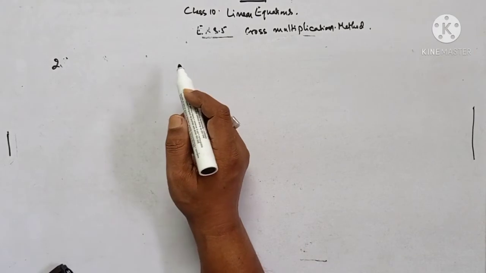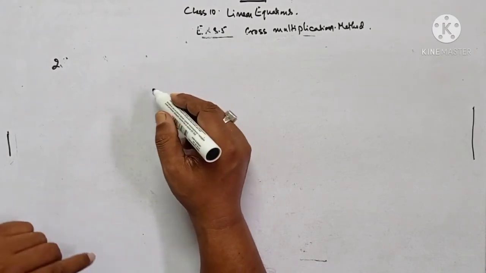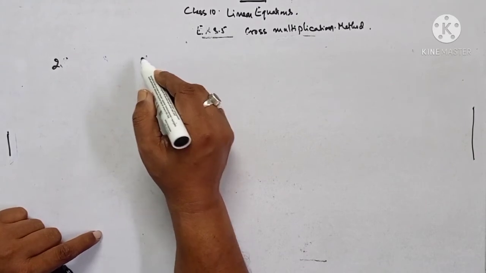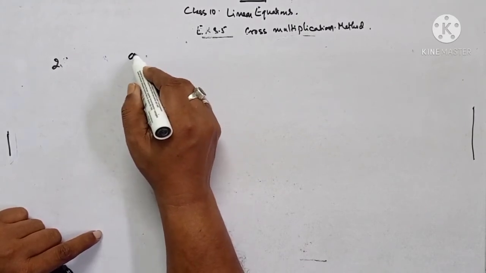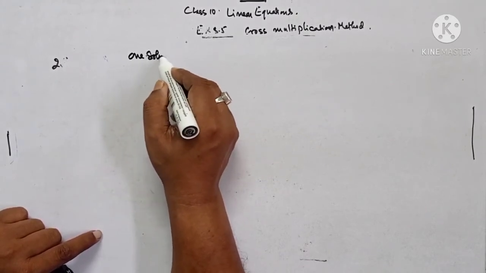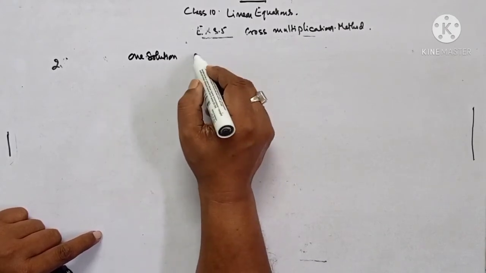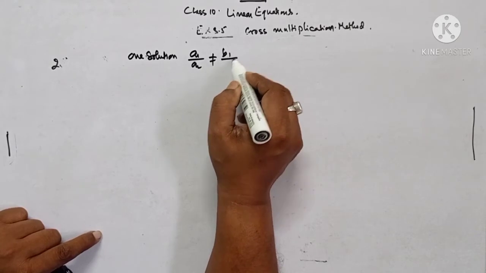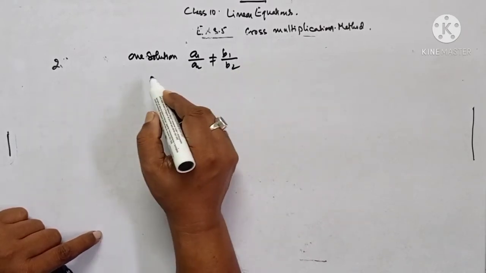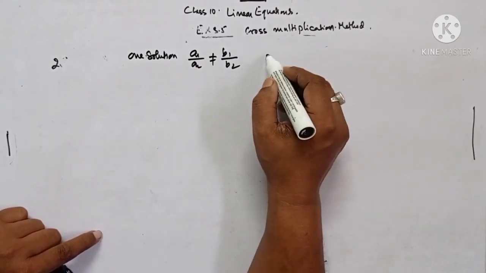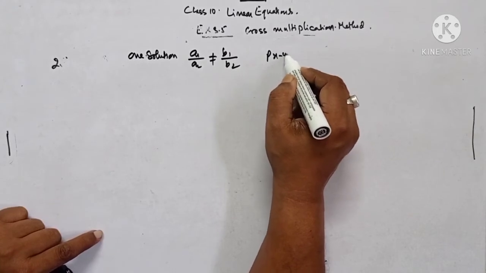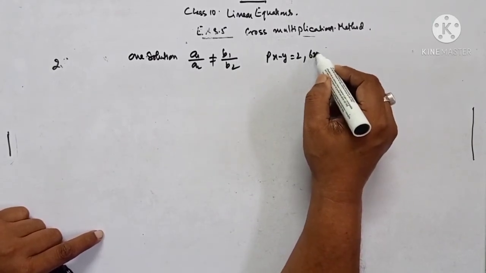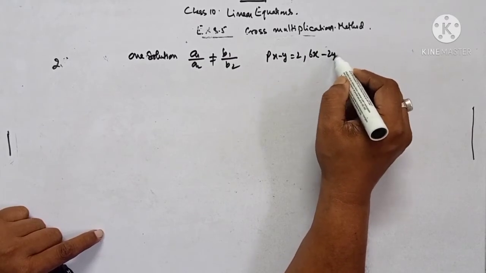One solution means a unique solution. For this, a1 by a2 is not equal to b1 by b2. So the equations are px minus y equal to 2, and 6x minus 2y equal to 3.